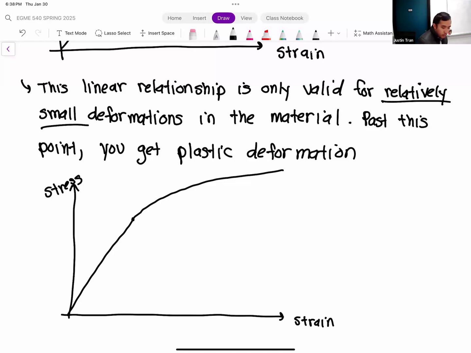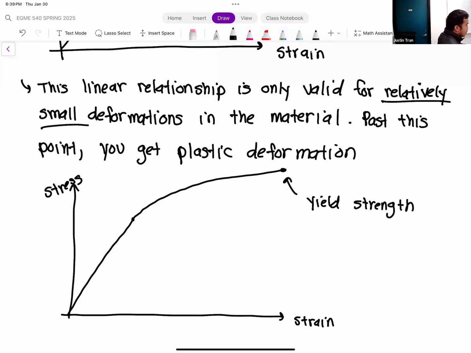Eventually, you're going to reach the yield strength of the material. If you keep applying increasing stress or load to a material, you're going to see the material go through three regimes. In the first regime, you have what we call linear small deformation. The next section is plastic deformation.